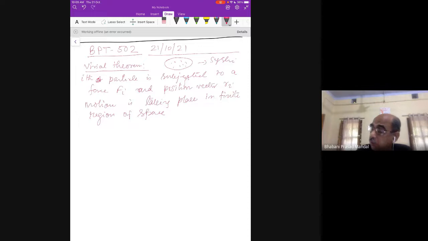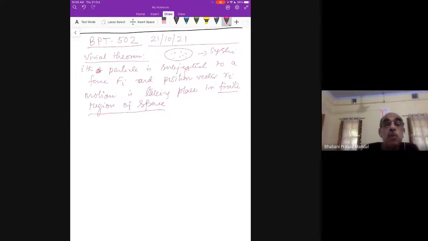This is very important. Finite region means the particle will never go to infinity. So there is no possibility that the particle will go to infinity or can escape from the closed region. So the particle is in a finite region. That means R cannot go to infinity. So this position vector never can become infinite.